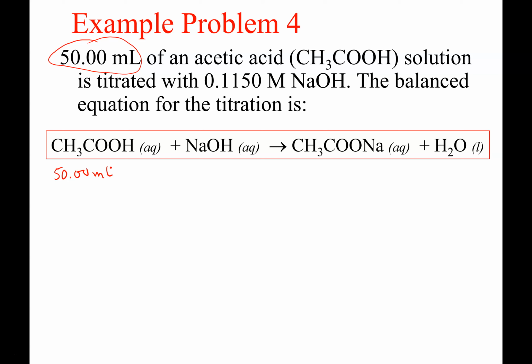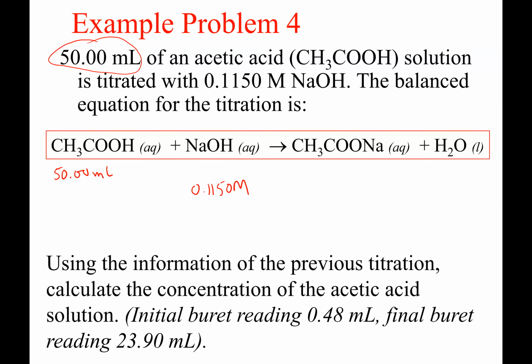And then I have the molarity of the NaOH, so I'll put it on the second line under the NaOH: 0.1150 molar. Like, dang, I don't know enough about either one of those to do a calculation, do I? But it's okay.